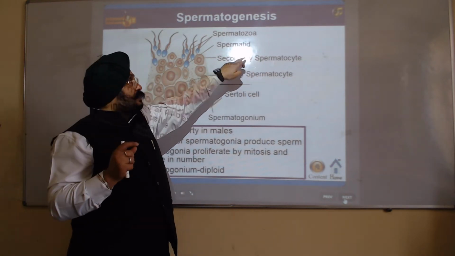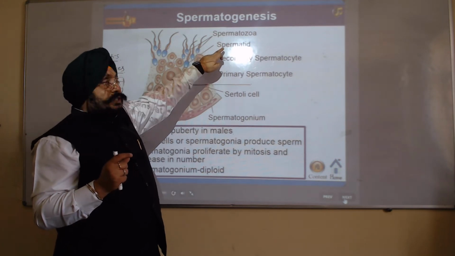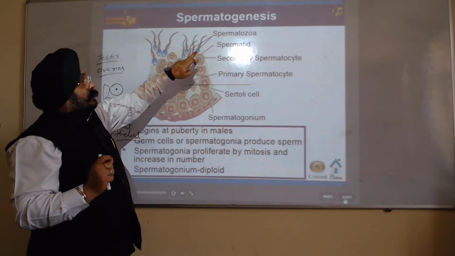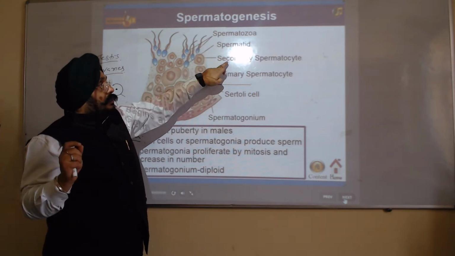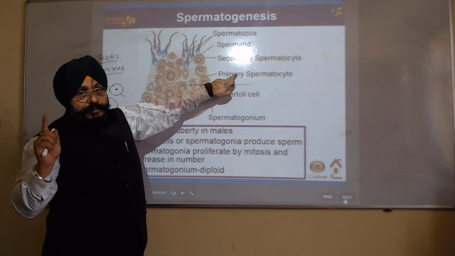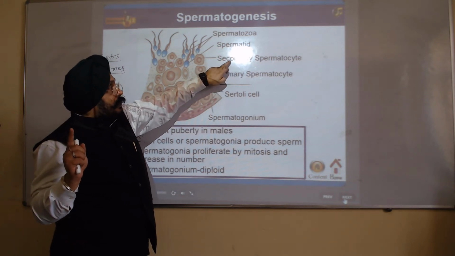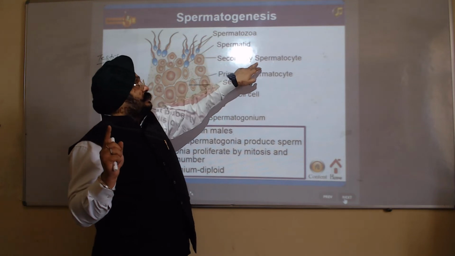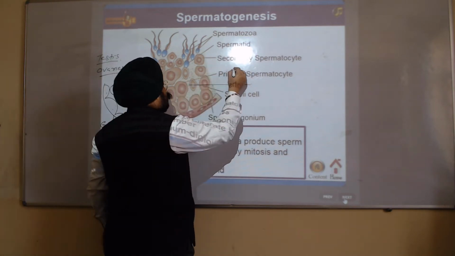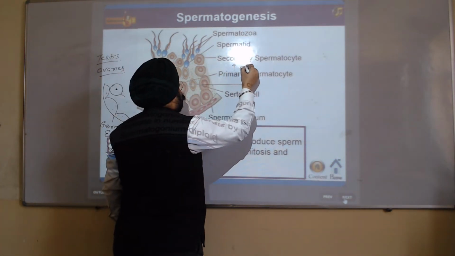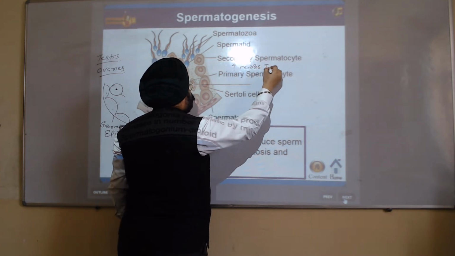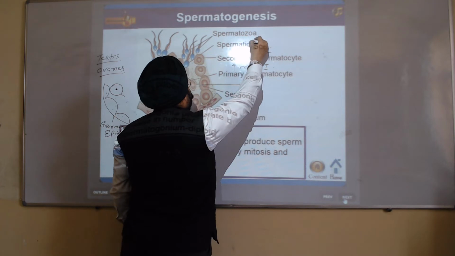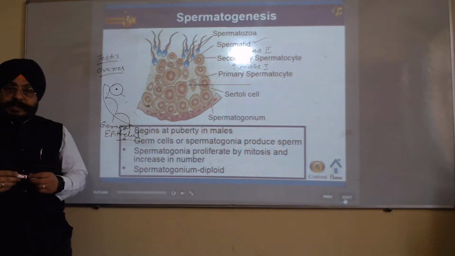The primary spermatocytes undergo meiosis 1 to form secondary spermatocytes, and the secondary spermatocytes undergo meiosis 2. Meiosis 1 is occurring here, meiosis 2 is occurring here, to form spermatids.